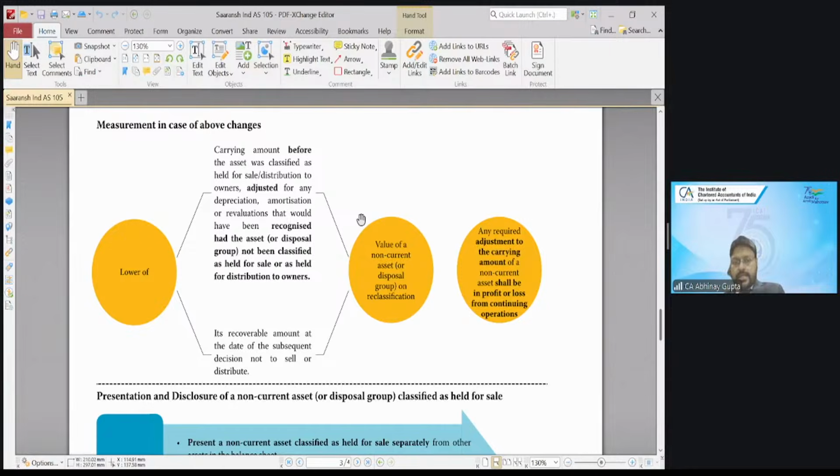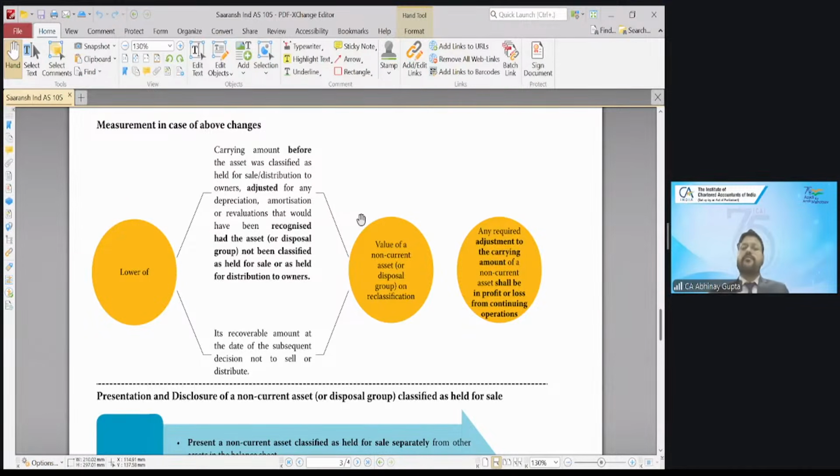So the standard says we need to calculate that carrying amount which otherwise would have been reflected in the books of accounts today in case this decision was not taken earlier to sell them, right?